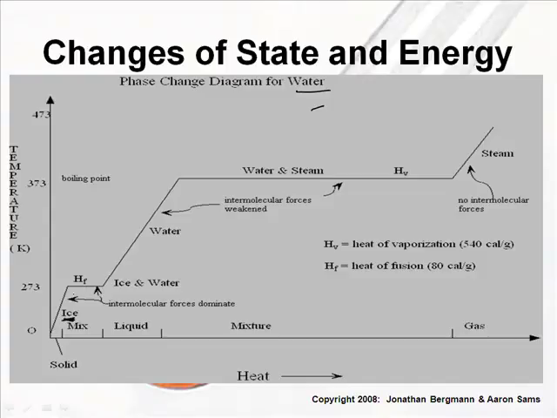Then we have melting, where ice and water are present right here. At this stage of the graph, I have just water. Here, water and steam. And here we have steam. This is just the heat versus the temperature. This is 273 Kelvin and this is 373 Kelvin, or 0 and 100 degrees Celsius. Okay, so this is an important graph, and there are two important things that we need to talk about.